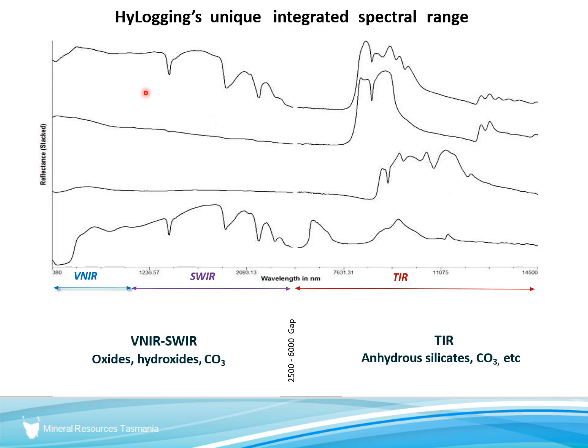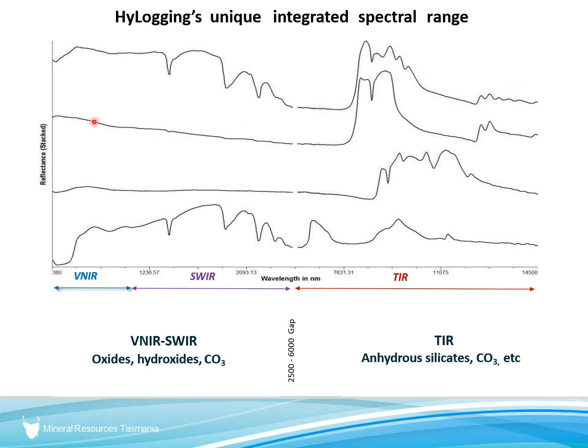And some minerals have absorptions which go all the way through. There are characteristic absorptions through the visible and near infrared, through the shortwave infrared, and then continue with absorptions and reflections. Reflections is a simplification, sorry, but they look a bit like reflections coming back out in the thermal infrared.